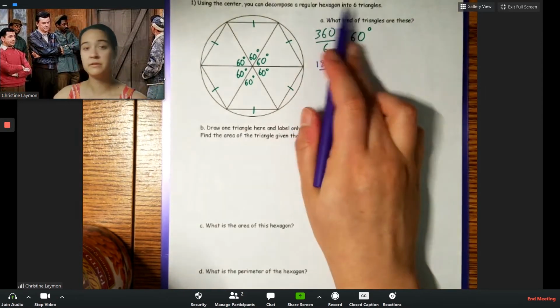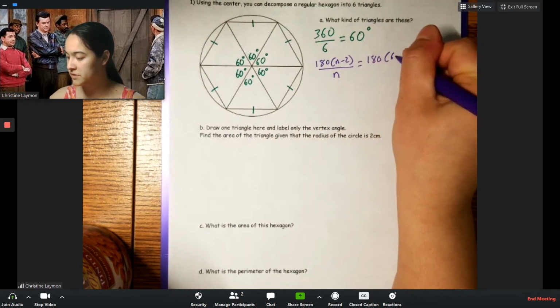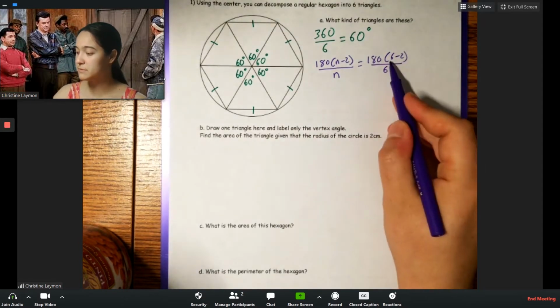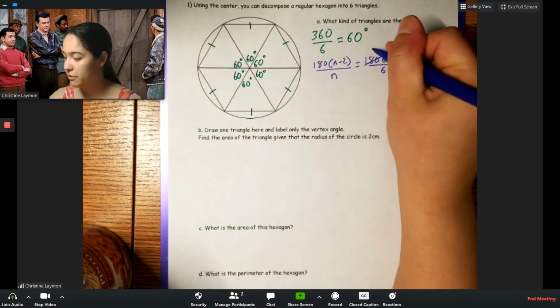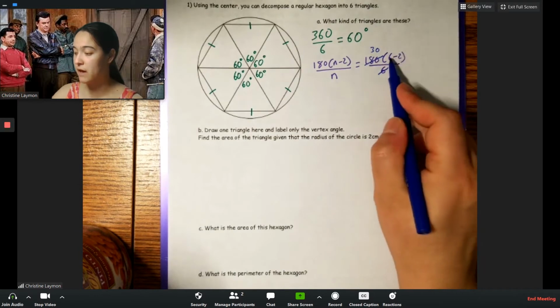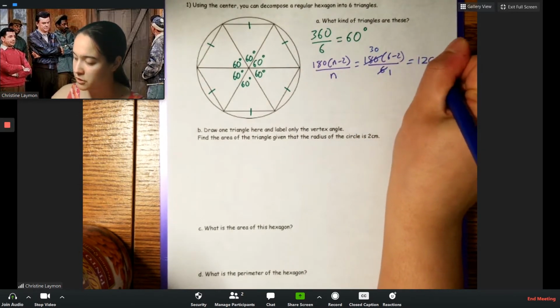In a hexagon, that's 6. So 180 times 6 minus 2, over 6. 6 minus 2 is 4, and 6 goes into 180 thirty times, so I have 4 times 30, which is 120 degrees.